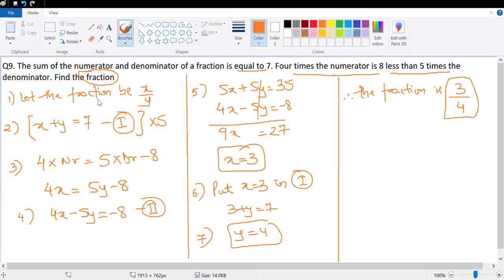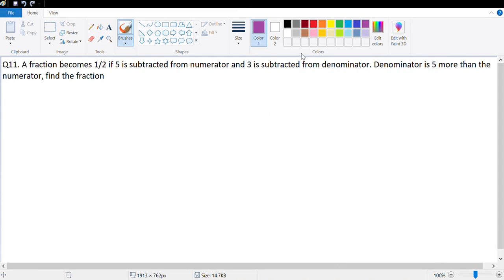The next question that we are doing is question number 11. A fraction becomes 1 by 2 if 5 is subtracted from numerator. Okay, so let the fraction be x upon y. Case 1 says it becomes 1 upon 2 if 5 is subtracted from numerator and 3 is subtracted from denominator.